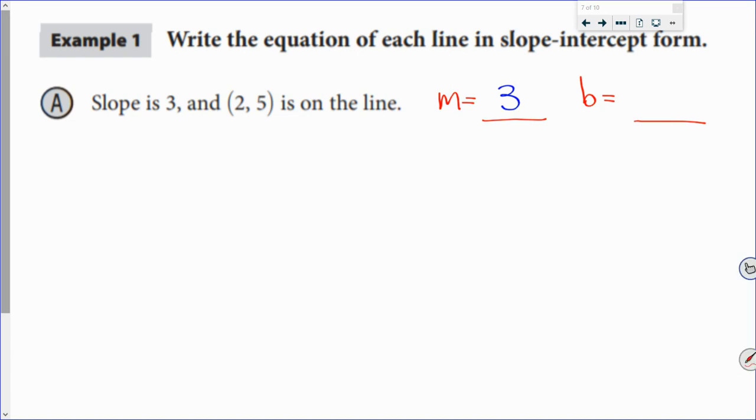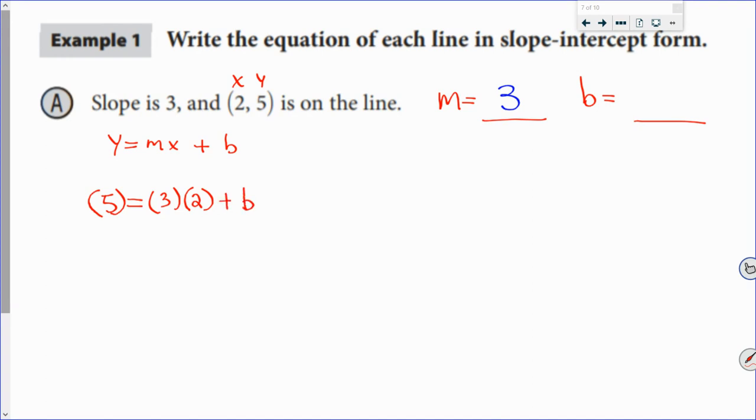But using y equals mx plus b, I can find it because for m, I can put in a 3. I also have an x and a y. So I can plug the x in. It has a value of 2. And I can plug my y in over here. It has a value of 5.